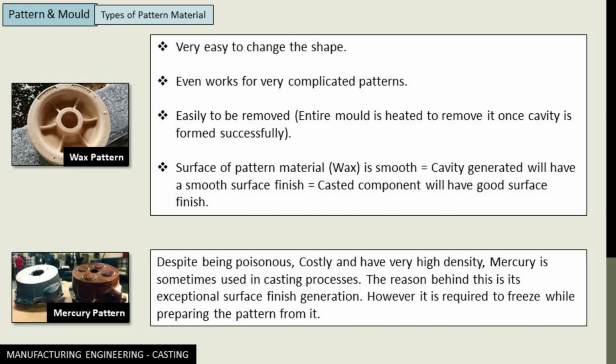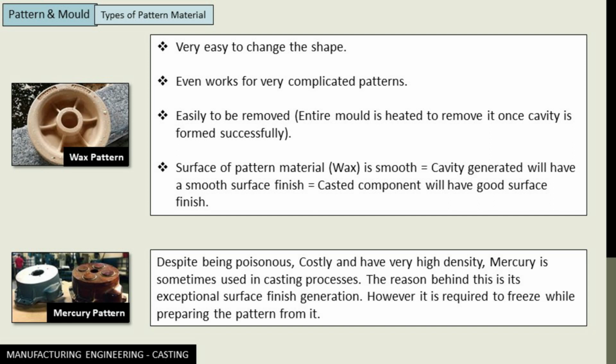The surface of the pattern material, that is the wax, is very smooth, and hence the cavity generated will have a smooth surface finish and the cast component will have a good surface finish in turn.